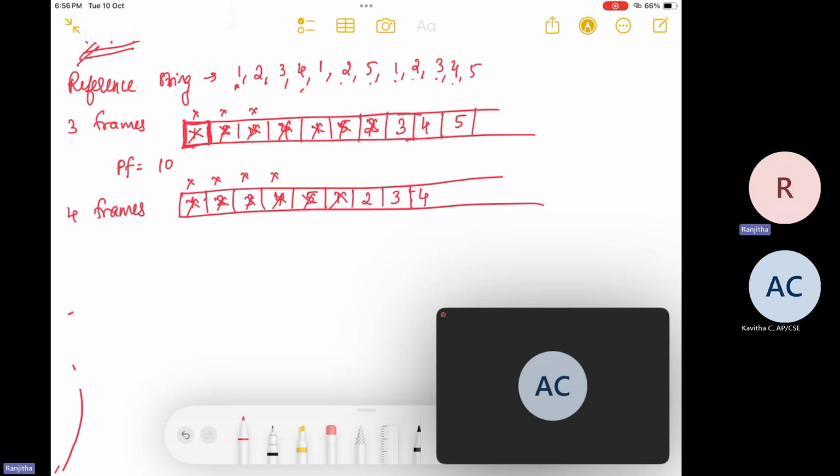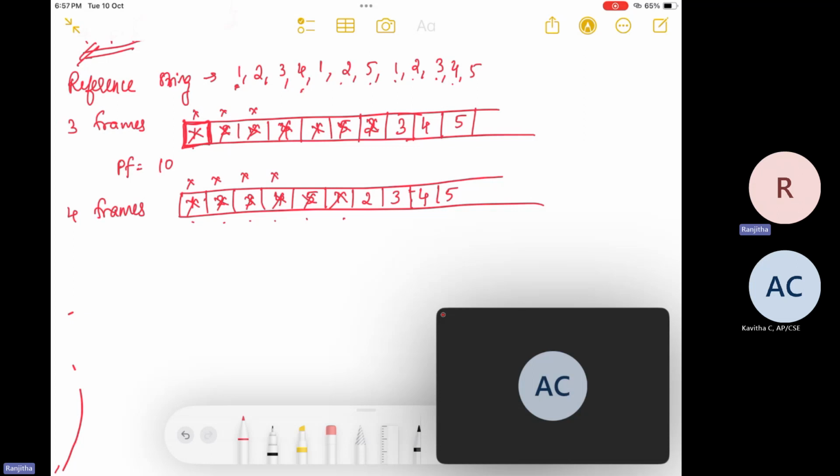And 5 is not there, page fault and replacement. So now let's see how many replacements with page fault: 1, 2, 3, 4, 5, 6, plus 4. We have got 6 plus 4, 10 page faults.